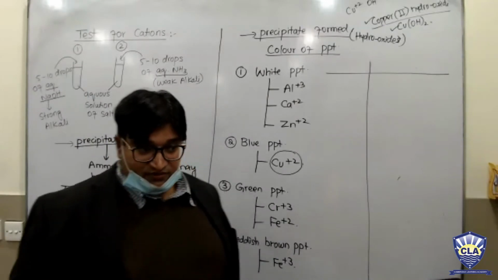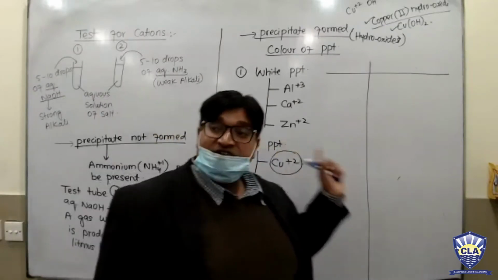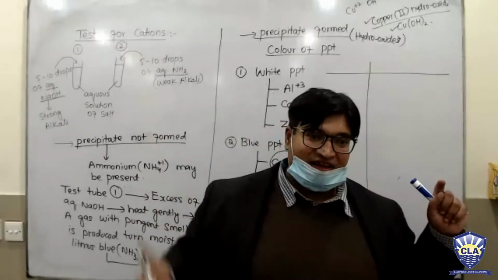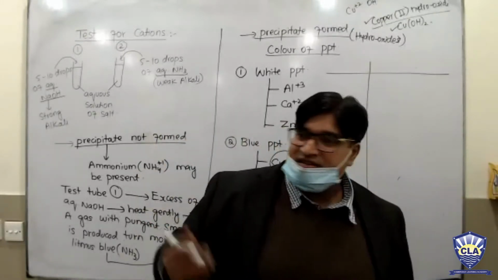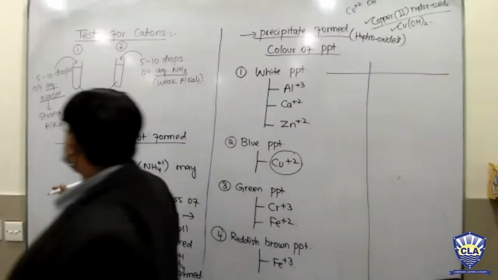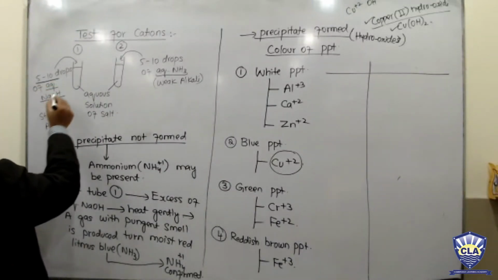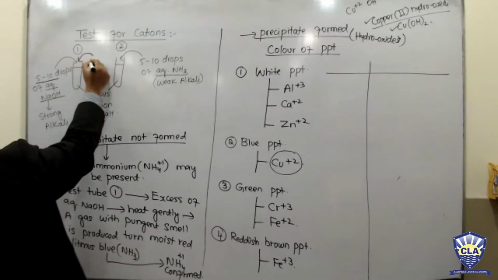Yes. Okay, now for cations, the last thing, then we are going to start with the anions. For cations, the last thing you have to do, my dear: firstly, you have added 5 to 10 drops of aqueous sodium hydroxide. Now, what should you do?